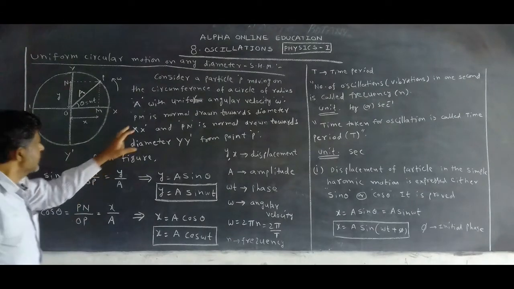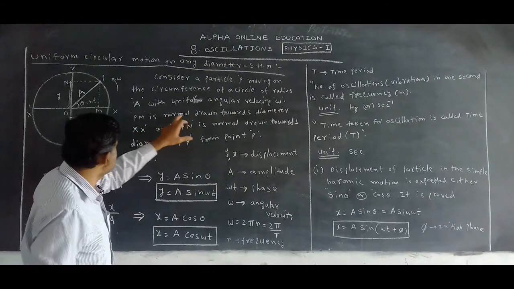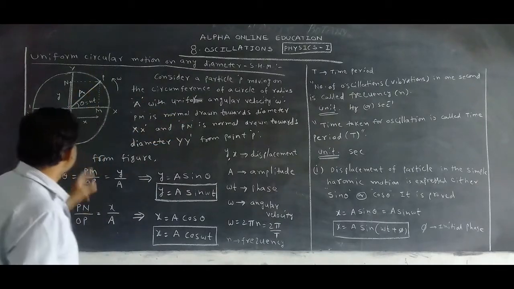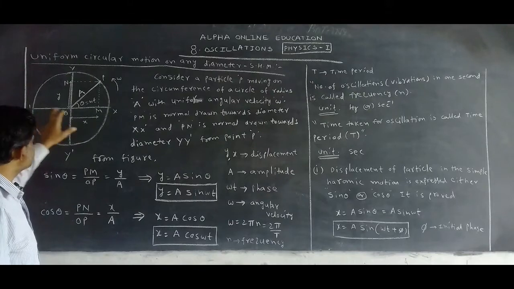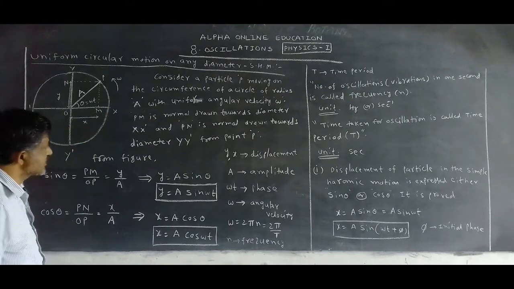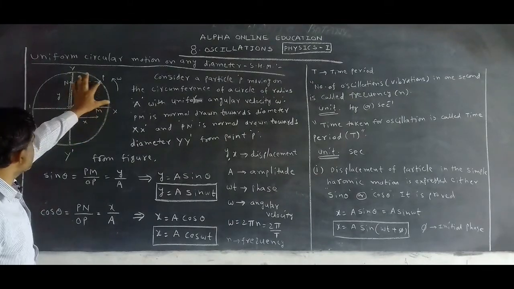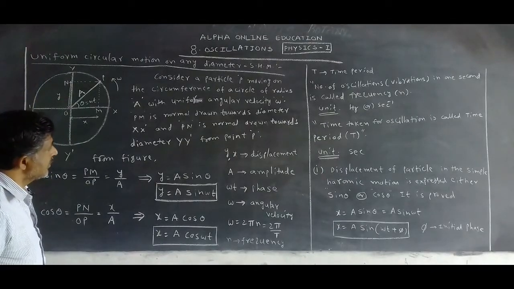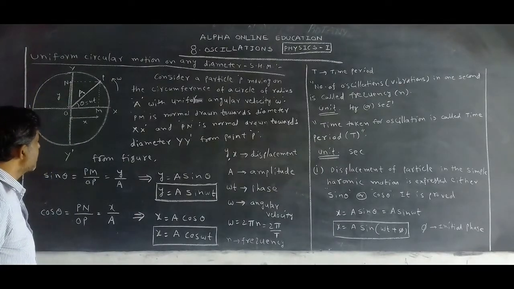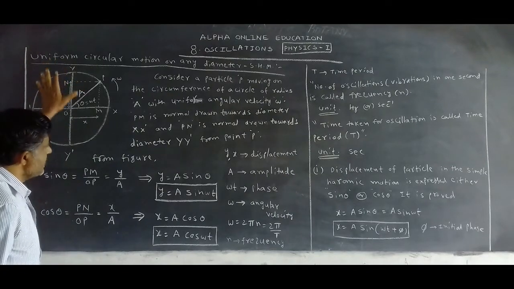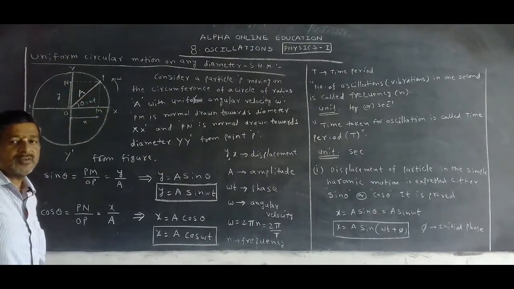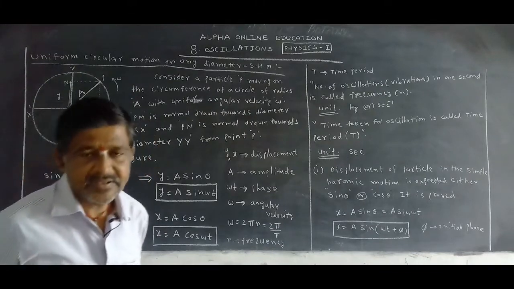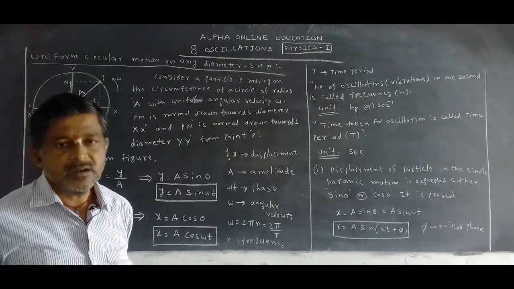Here PM is the normal drawn towards diameter x dash, and PN is also a normal drawn towards diameter y dash from point P. Means PM and PN are normals.